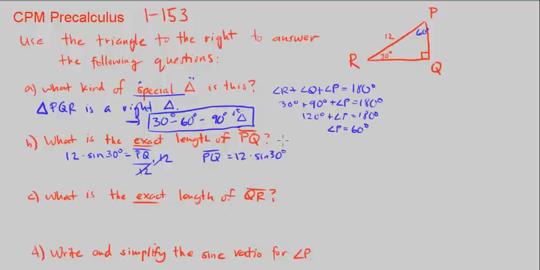Now, we need to know sine of 30 degrees, cosine of 30 degrees, sine of 60 and cosine of 60, and sine of 45 and cosine of 45 degrees.